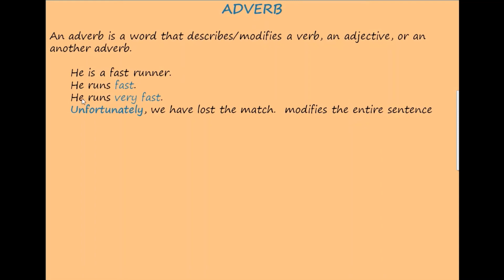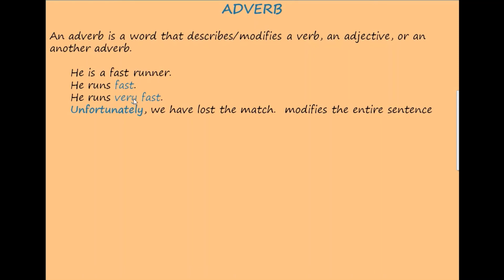And in the third example, he runs very fast. Runs is a verb here, and fast, as we know, modifies runs. So fast is an adverb here because it modifies runs. Very is modifying fast here. He runs fast, but fast is very. So the word very is modifying fast, and fast is an adverb.